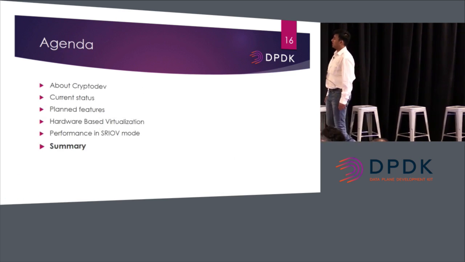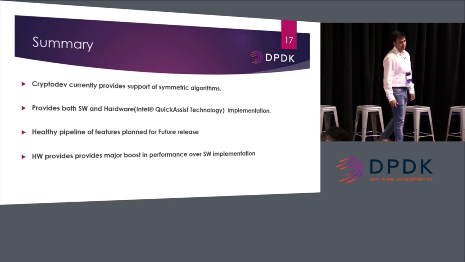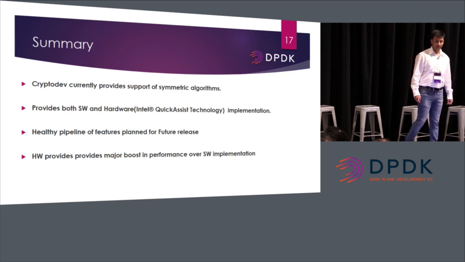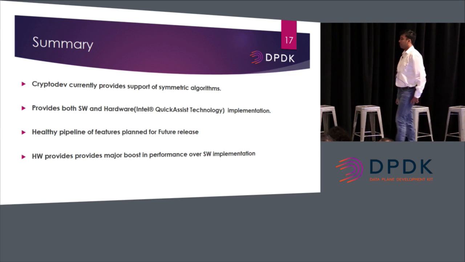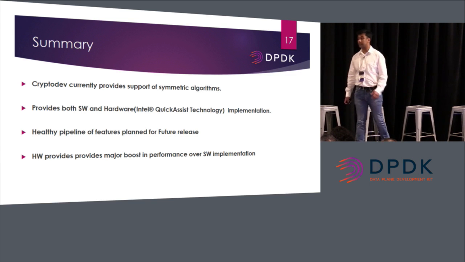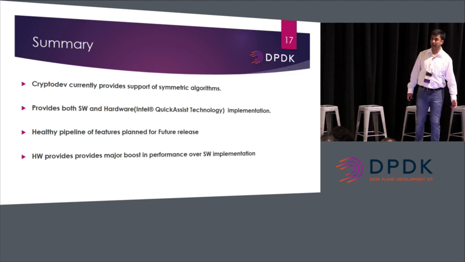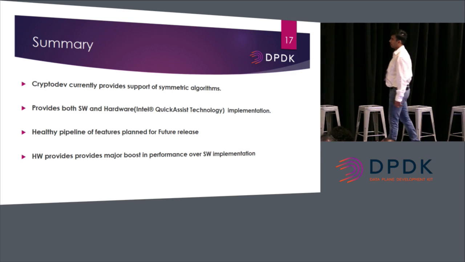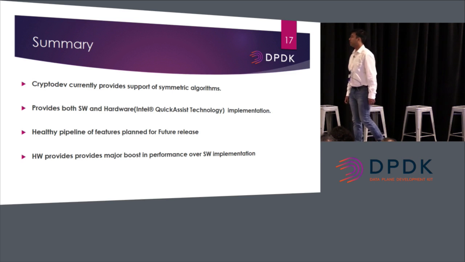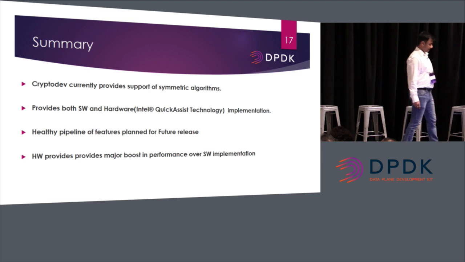The next thing is basically a summary of what I've told in this presentation. The first important thing to note is that as of now, Cryptodev only supports symmetric algorithms. There's no support for asymmetric algorithms as of now, which might be a plan maybe in future, we don't know. The next thing is the API currently supports both hardware and software.